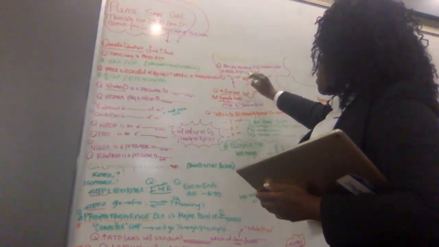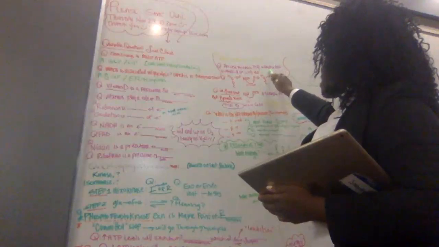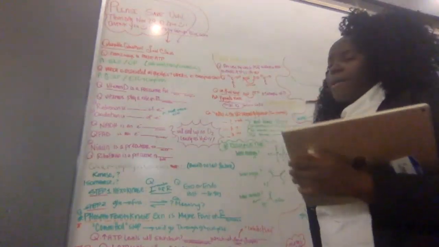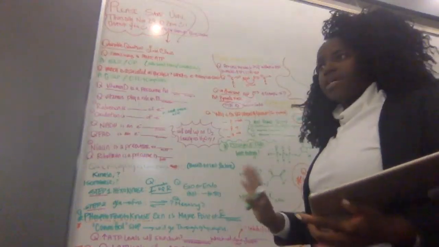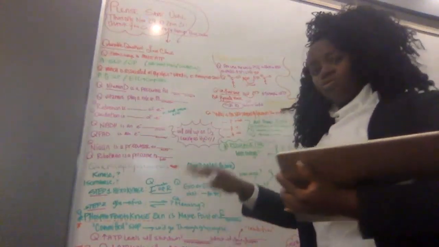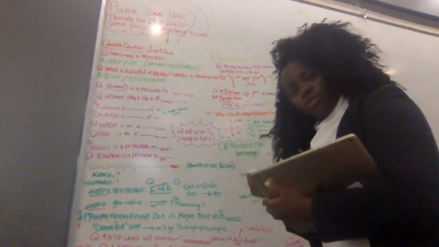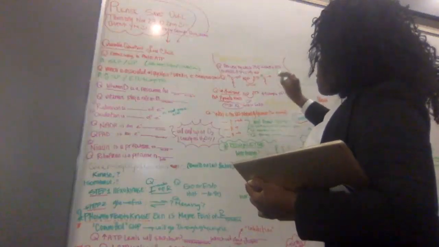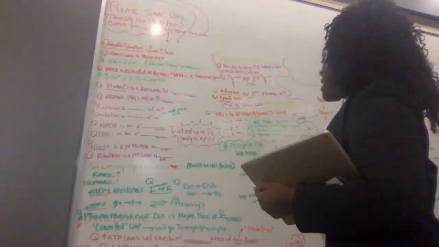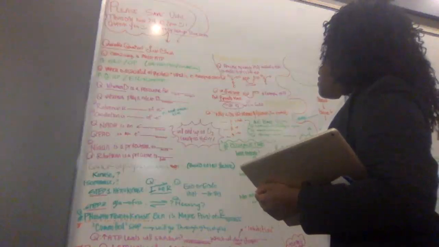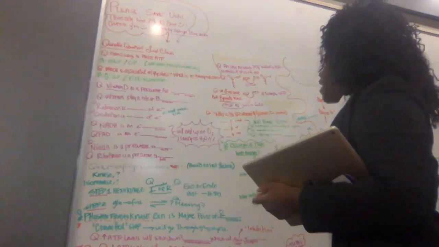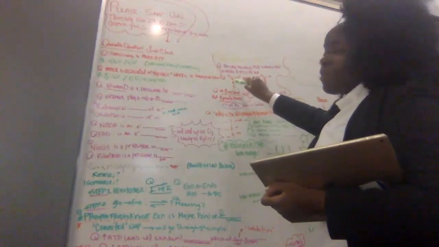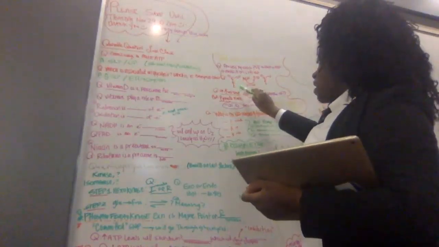So let's move on to the next question. The process by which phosphate is added to ADP to make ATP is called what? I'll give you a second. Okay, the process by which phosphate is added to ADP to make ATP is called substrate level phosphorylation, okay? The fact of the matter is, this is a molecule that's been made that's incredibly unstable.